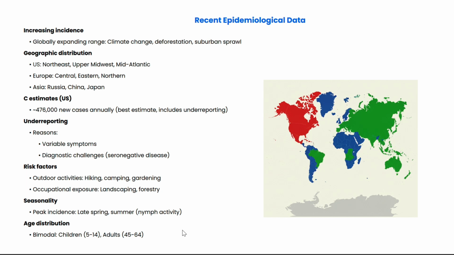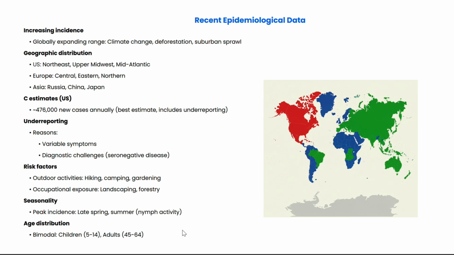Within the US, the highest prevalence is concentrated in the Northeast, the Upper Midwest, and the Mid-Atlantic states. Similarly, Central, Eastern, and Northern Europe, as well as parts of Russia, China, and Japan in Asia, also report significant numbers of cases. It's crucial to understand the scale of the problem.